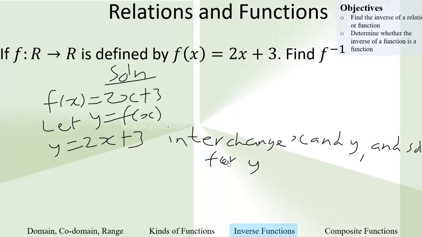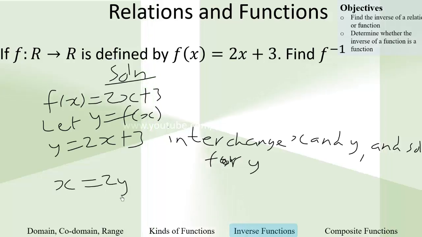So that is what we do when we are finding the inverse of a function. So we interchange x and y to get x equal 2y plus 3. So we solve for y.